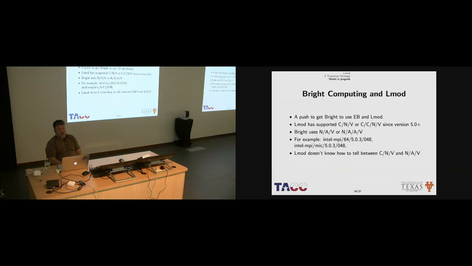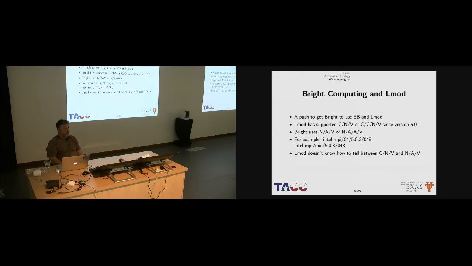Anyway, to handle the different flavors or kinds of architecture, they put the name of the architecture as the second name. So they'll have intel/64 or intel/mic, or they could have 32. The problem is that Lmod needs to know the difference between category/name/version and name/architecture/version, and I can't tell.